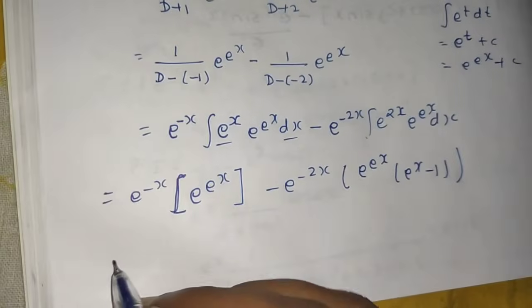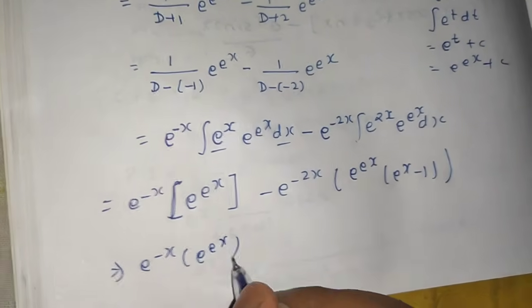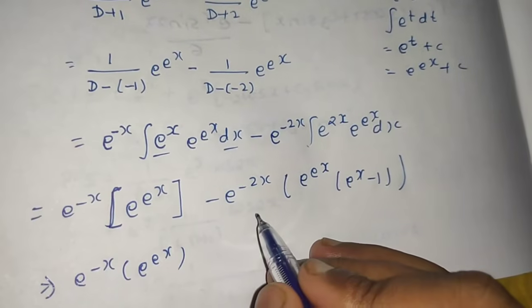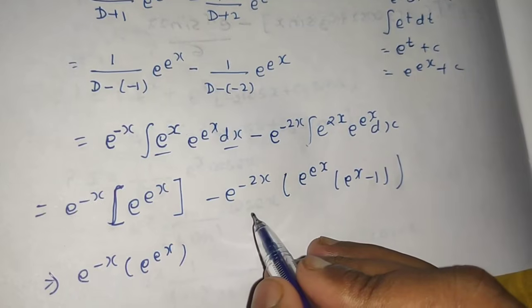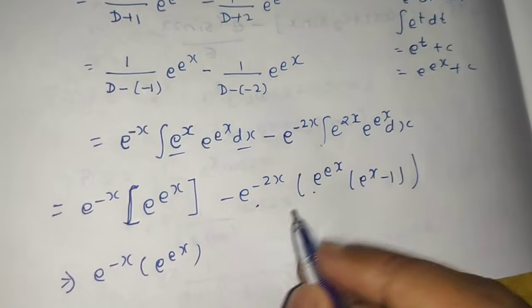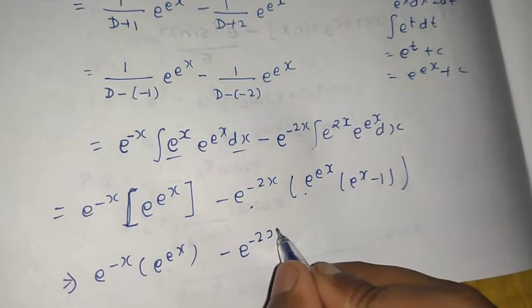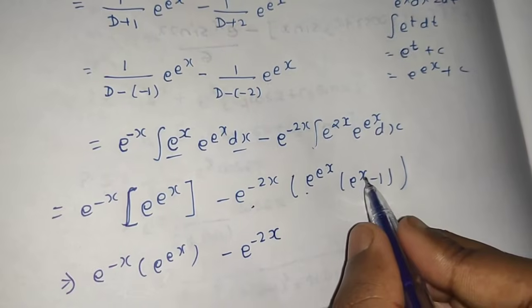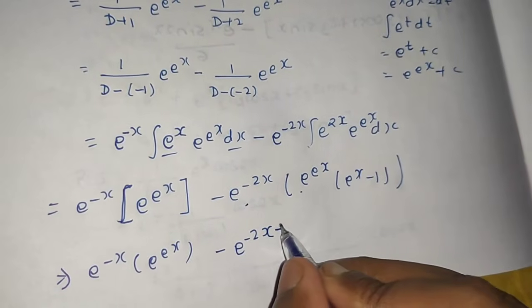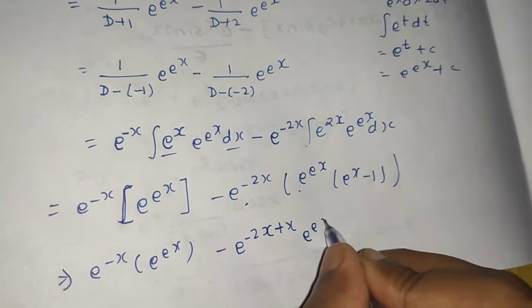So we'll simplify this. Let this remain as it is. Here what we can do is multiply these terms, so you will get minus e power minus 2x, and multiply with this, so plus x, and then multiply with e power x.